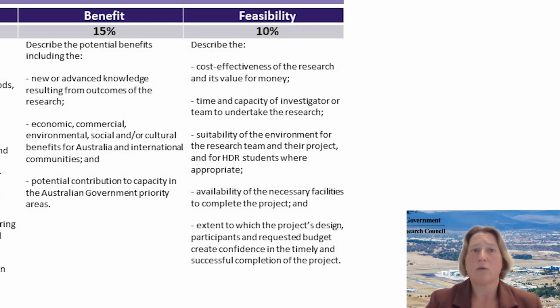Applicants are encouraged to address feasibility criteria across the relevant sections of their application, including the ROPE section, questions B8 and B14 in particular, the project quality and innovation section, question C1, project description, and the capability statement, question C2, as well as the budget justification.